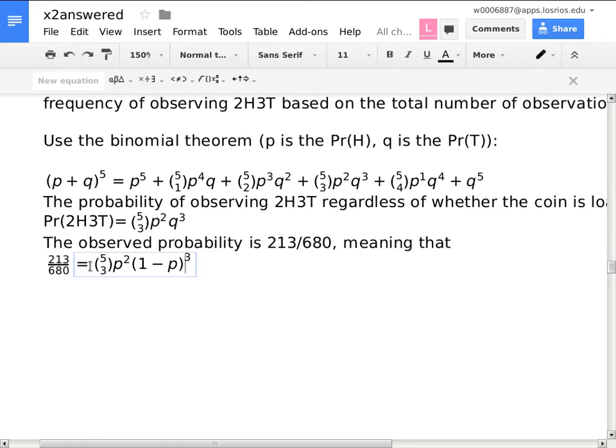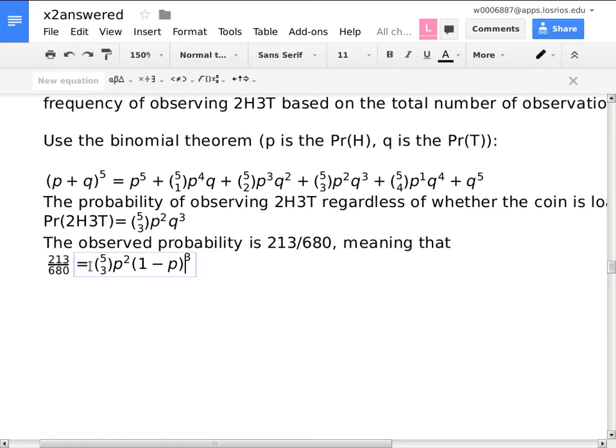But as far as the answer of this question is concerned, you can go 2 routes. You can say, I can resolve P, because in this case P is relatively easy to resolve. So you can either resolve P and figure out whether P is close to 0.5 or not, or you can plug in 0.5, saying let's assume the coin is not loaded, it is fair.